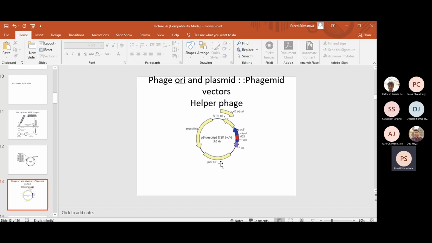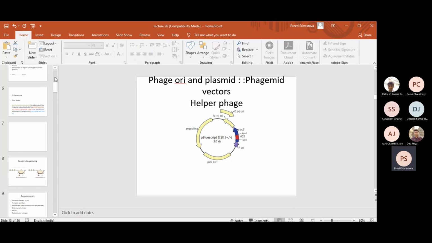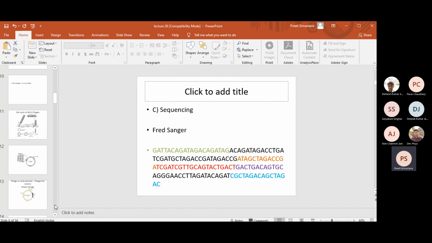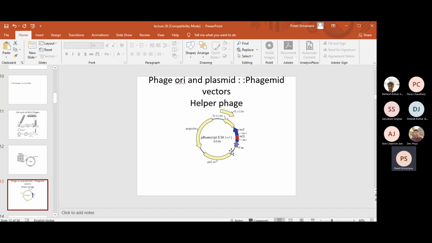The way the experiment can be done is, for example, if you want to determine the sequence of this amplicon between the green and the sky blue, you clone this amplicon here in the multiple cloning site.